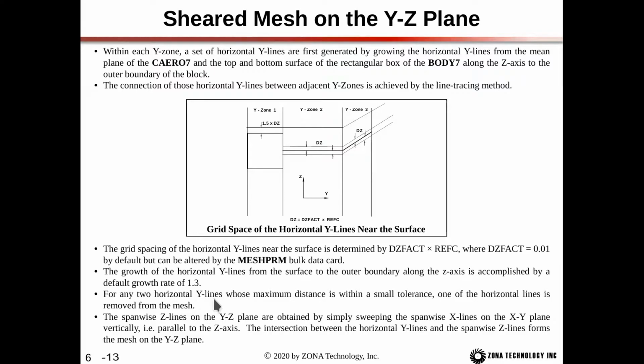And then the spanwise Z lines on the YZ plane are obtained by simply sweeping the spanwise X lines on the XY plane vertically, that is parallel to the Z axis. And the intersection between the horizontal Y lines and the spanwise Z lines forms the mesh on the YZ plane.